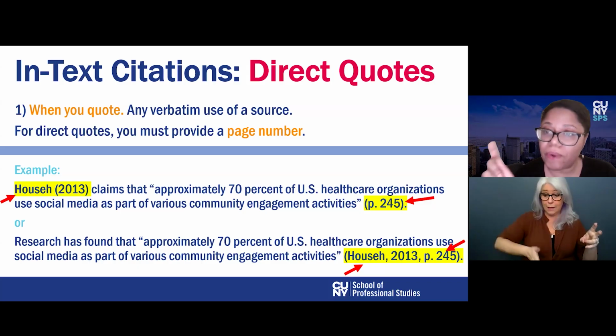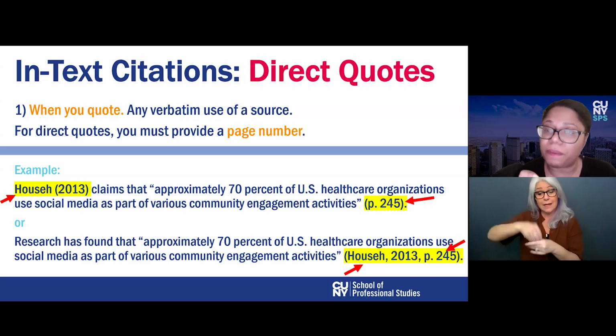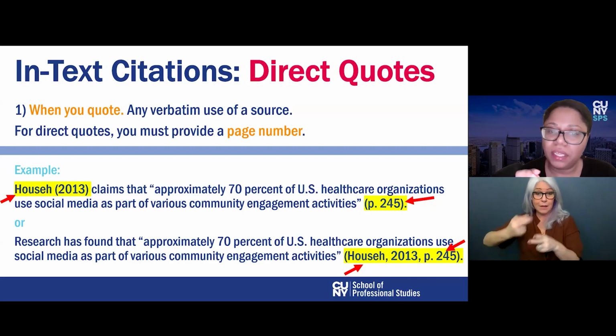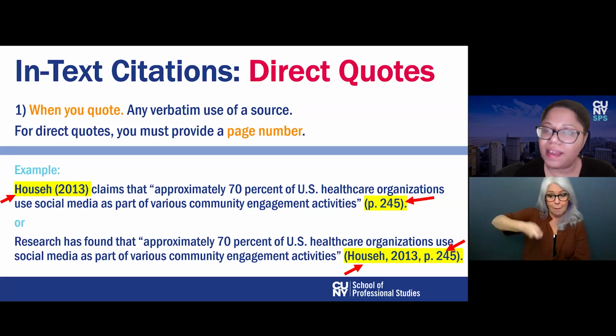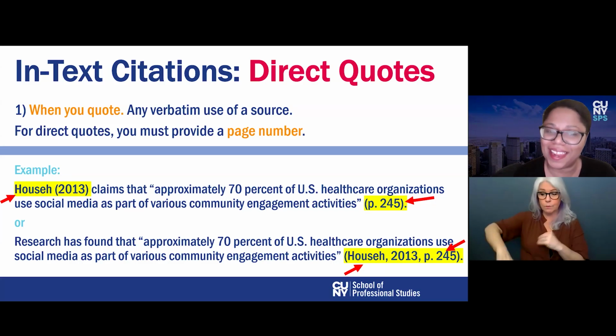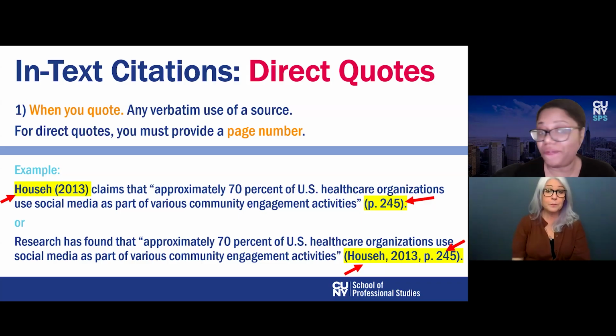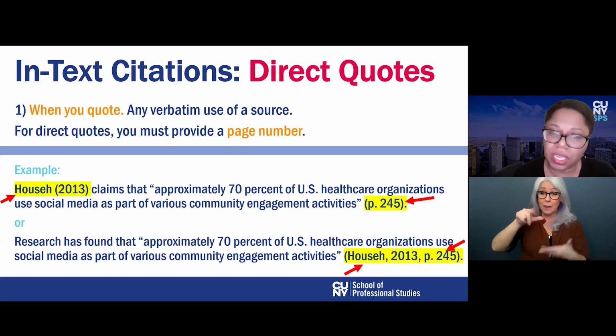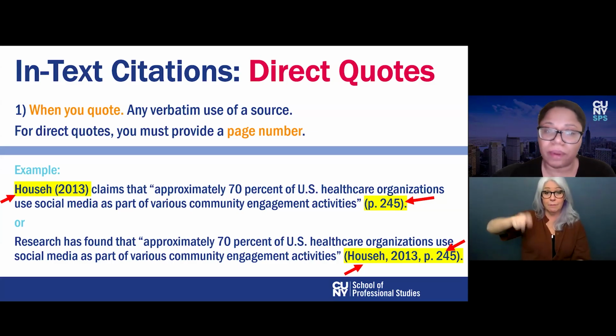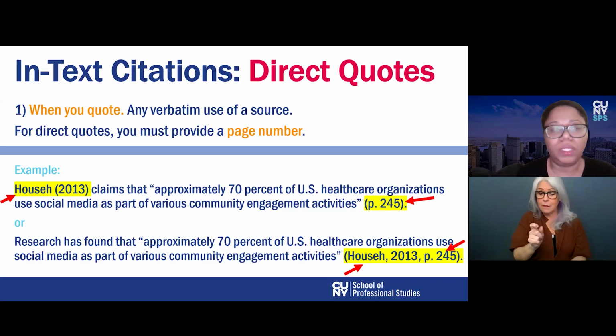And now within the parentheses, you have the last name of the author, comma, the year, comma, and the page number, close parentheses, with the period at the end. So note the formatting of the page number. You simply put the letter P, like Peter, and then a period, followed by the page number with a space in between.